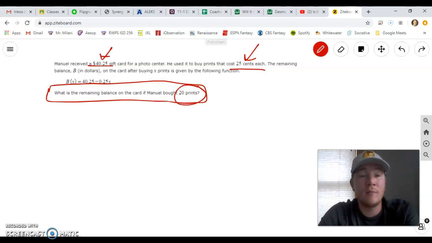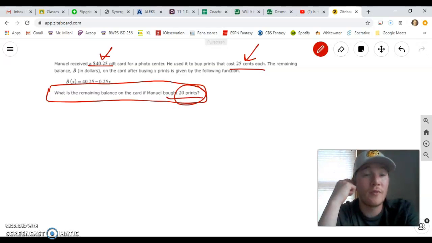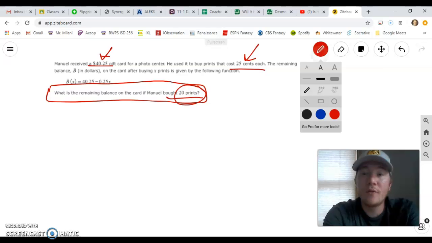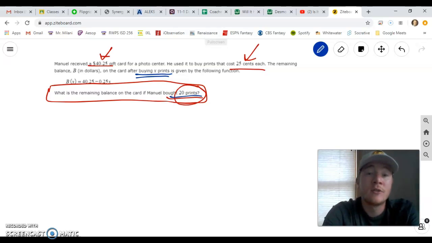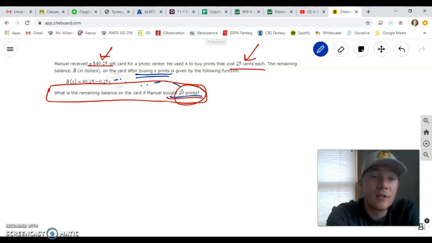So with that equation, we're now just going to plug in our variable. One thing that's important, one thing to notice, they're telling you that X stands for the number of prints, and then they're asking about a certain number of prints. So that number 20 is going to go in for X. Okay, 20 is going in for X because 20 represents your prints.